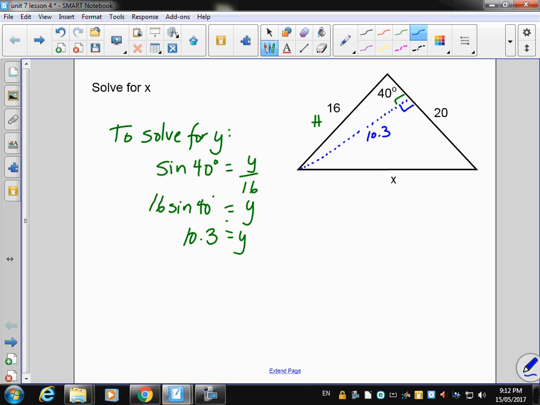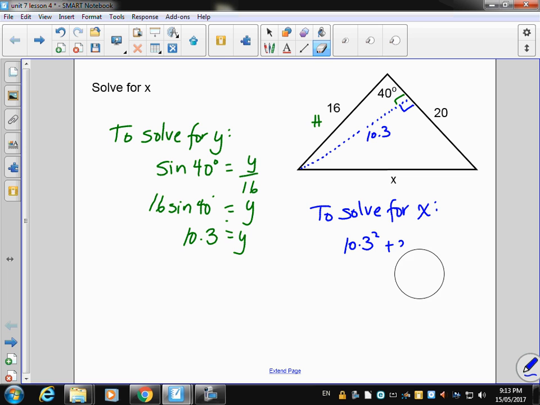How would I do that? I don't have any angles in there. Well, the other tool that I can use with right angle triangles is Pythagorean theorem. So my 10.3 squared plus, whoops, how long is that side? I've got a problem. I need to figure out how long this section is, and it's not fully 20.